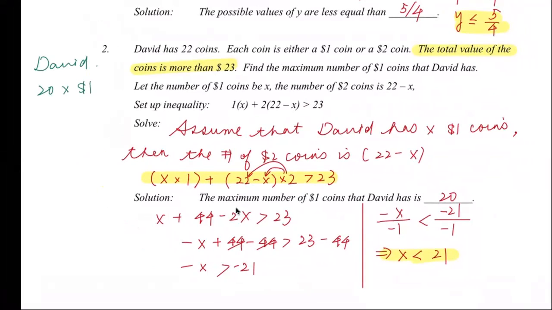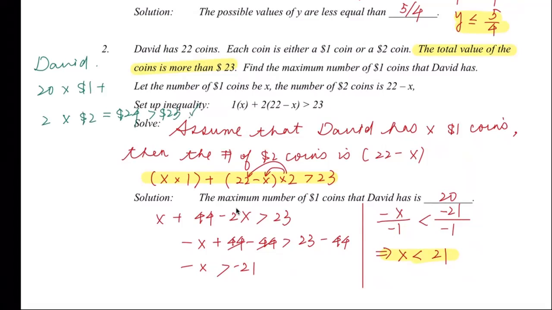If he has 20 $1 coins, that means he has two $2 coins. That will be 20 plus 4, which is $24, right? And 24 is bigger than 23, right? So we know that 20 is right.